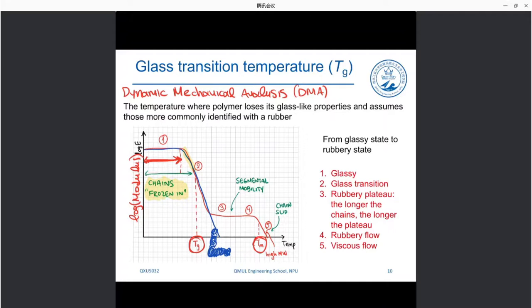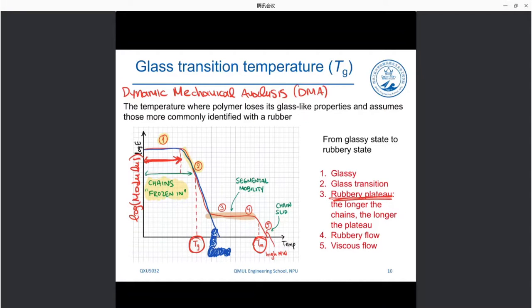And because they start moving, they slowly find enough thermal energy in order to pass through the glass transition. So first we have this region, which is the glassy region. And second, there is this point where we have the glass transition region, okay? Then after the glass transition region, we reach this plateau here, okay? This is the rubbery plateau, part 3, okay?